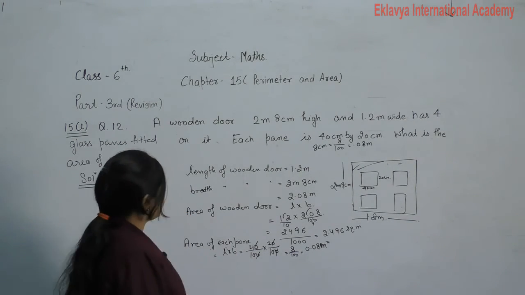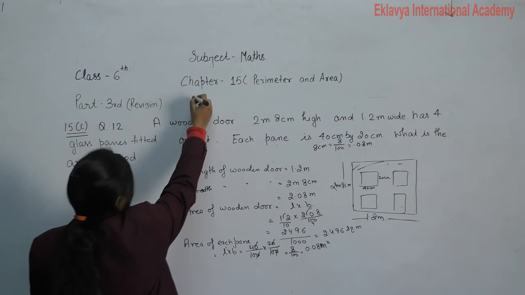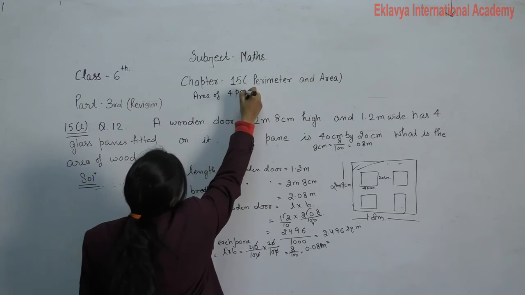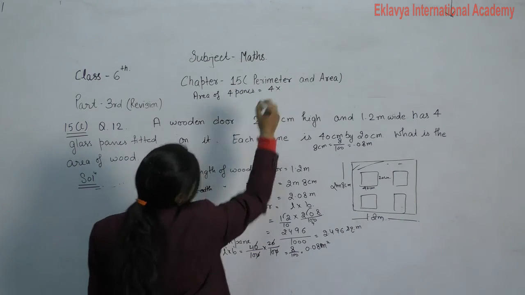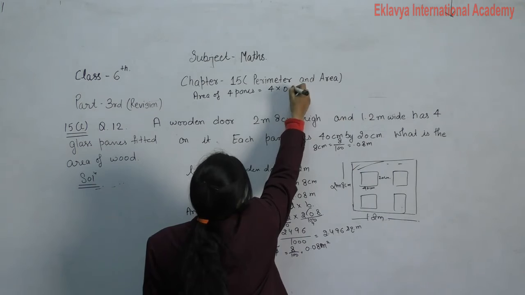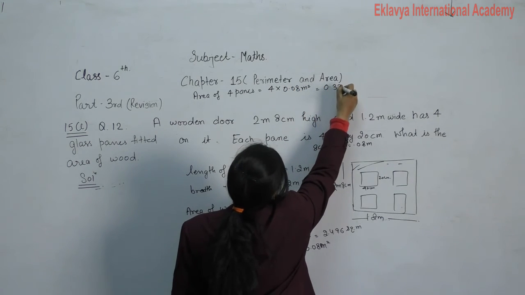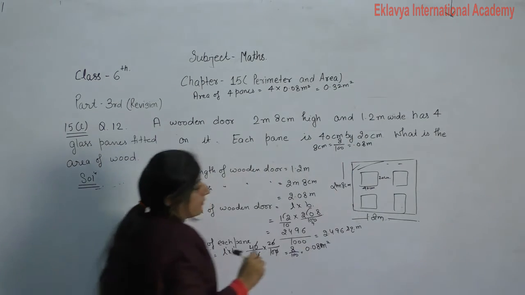So what is the area of 4 panes? Area of 4 panes is equal to 4 multiply by 0.08 meter square, that is 0.32 meter square.